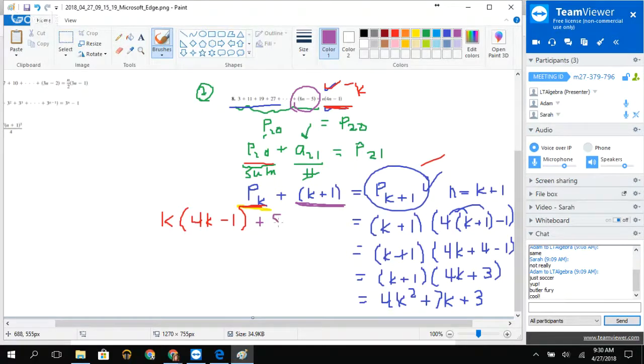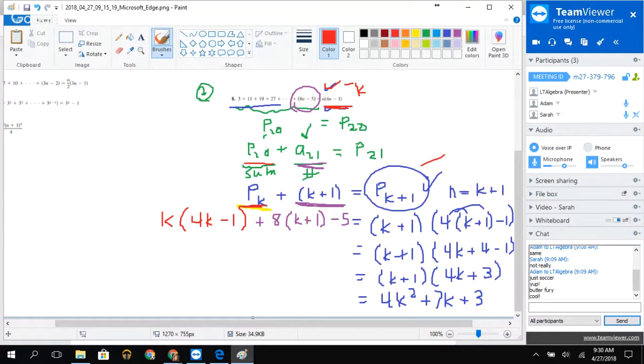So I have 8, and instead of n, I'm adding my k plus 1, my next term. In the practical example, we're adding our 21st term right here. If we were talking about 20 and 21, or our k plus 1, we're adding the next one. Once I've figured out what that looks like, I need to do some simplification.